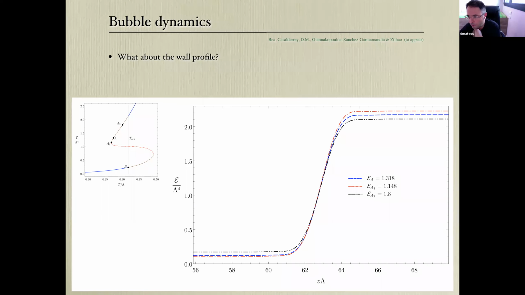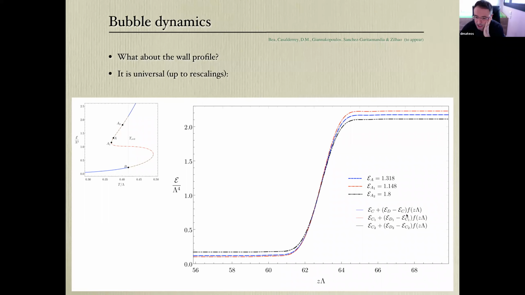Now, what about the wall profile? How does the wall profile depend on the nucleation temperature? So in principle, you could think, and it's correct, that you get a different wall profile. For example, for these three different points, A, A1, and A2, these are the three different profiles that you get. But one thing that's remarkable is that all of these profiles are given exactly by the same function up to a rescaling.